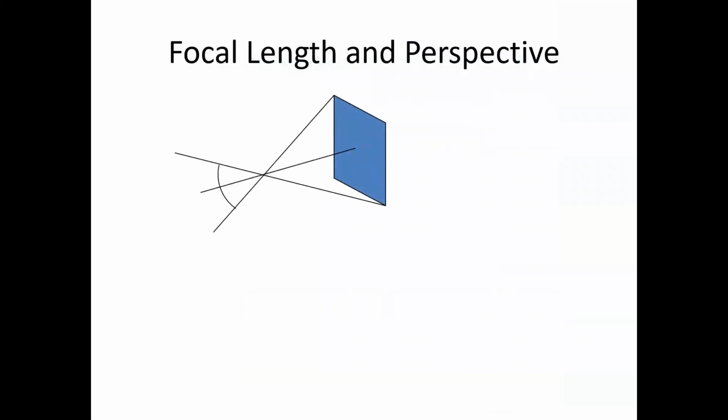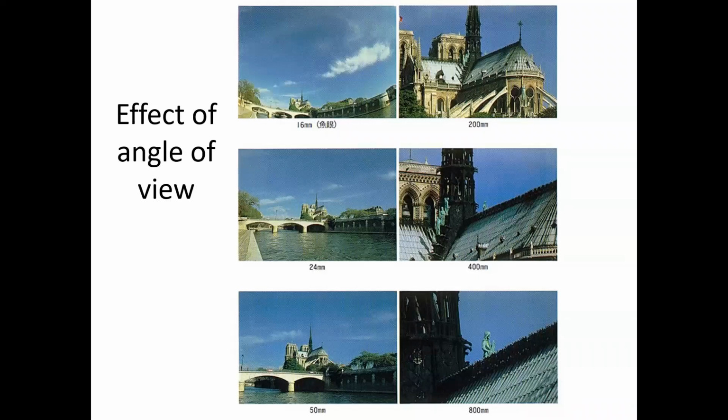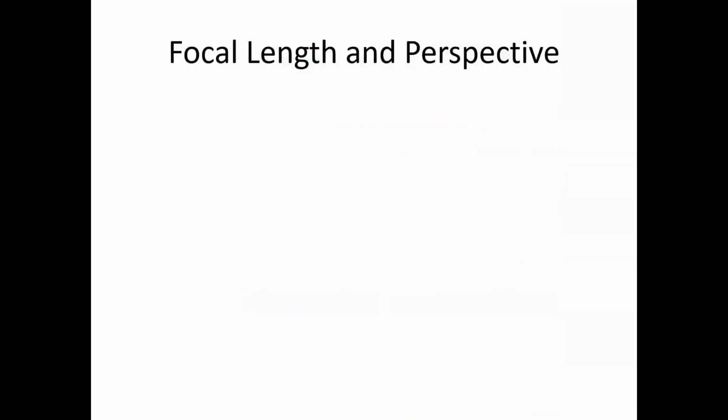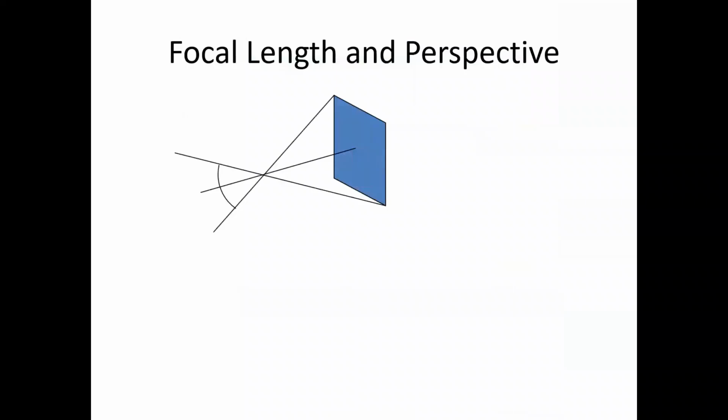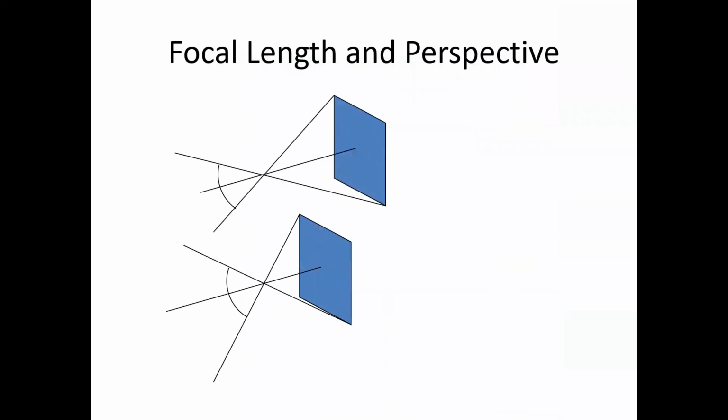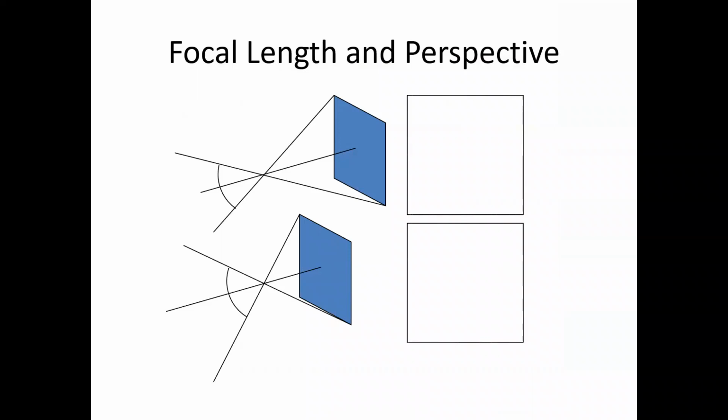And also another important thing is perspective. Focal length does not just define the field of view, but another aspect is perspective. If there are two lenses with different focal lengths, and an object like this, it will capture like this, right?